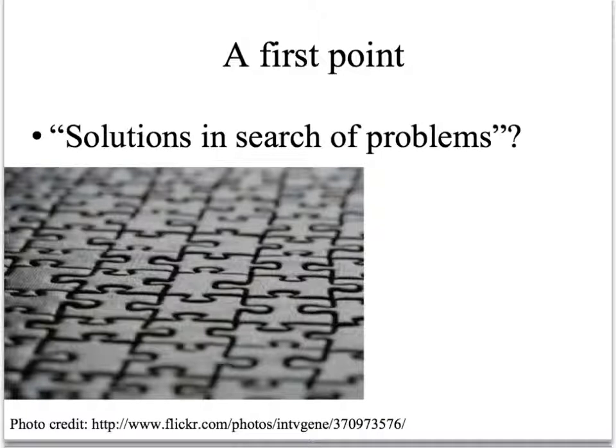When considering using a particular technology, it should be a given that there's an actual educational need that they address. So if you ever think that technologies, and particularly learning technologies, are simply solutions in search of problems, then these particular learning technologies are not for you, because this is not what we want.